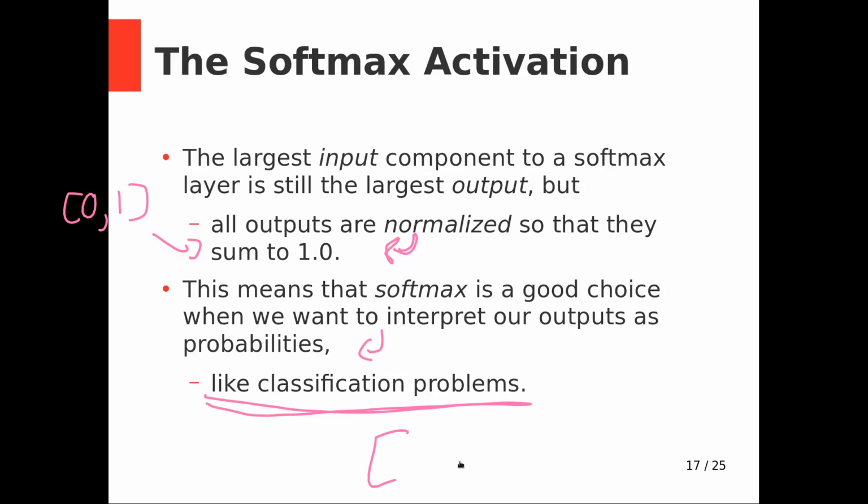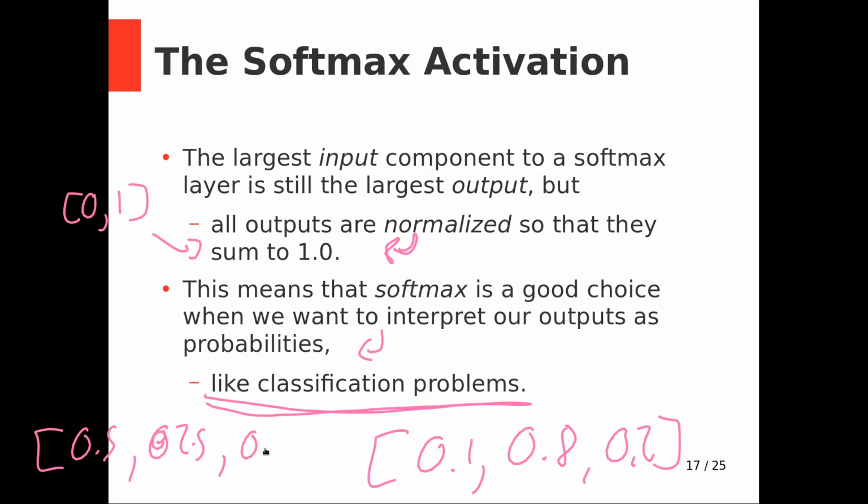If I want something like this to be the output, the input needs to look something like this, because it keeps the relative sizes. This is the smallest input, so it stays the smallest output. This is the biggest input, so it stays the biggest output. Again, I have no idea if this is really the softmax of this, probably not, but this is the kind of thing that it does.